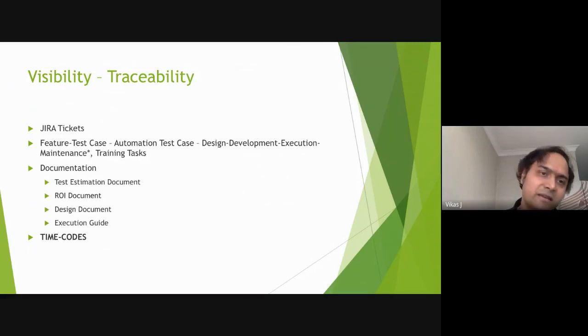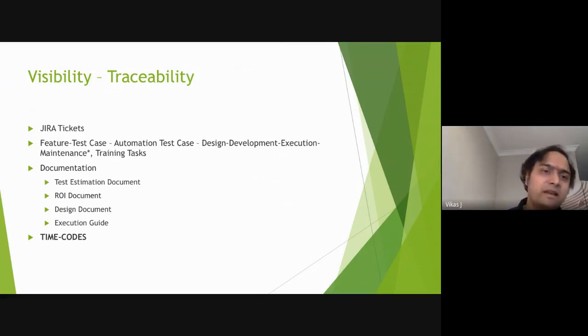If you're clocking time against any of these activities, there should be enough time codes for each of them, because eventually the top management looks at the money they have spent. If I'm clocking my time against a particular Jira ticket which is an umbrella ticket, which is not very clear and has a lot of other subtasks within it, then the top management sees that one activity as a waste of time.